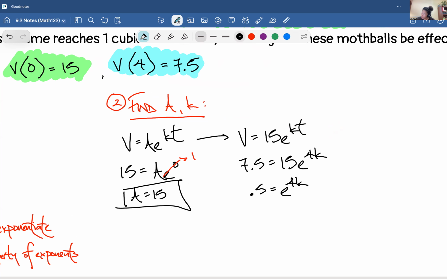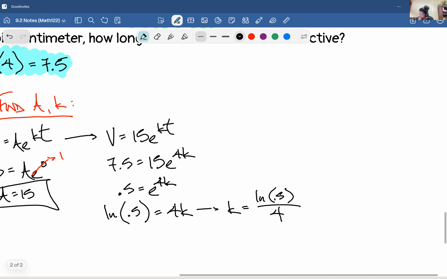I'm going to natural log both sides: natural log of 0.5 equals 4k. And then I'm going to divide by 4. So I get natural log of 0.5 divided by 4 is my k value. If I put this into the calculator, I end up with negative 0.1733, and it keeps going from there.